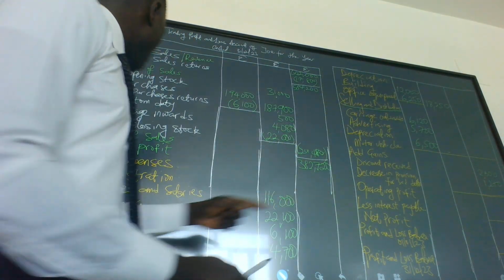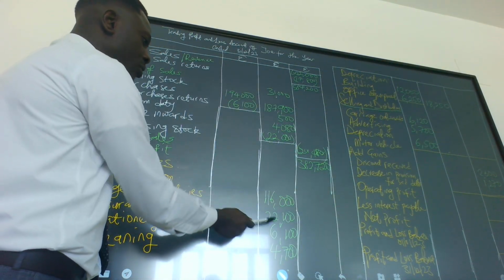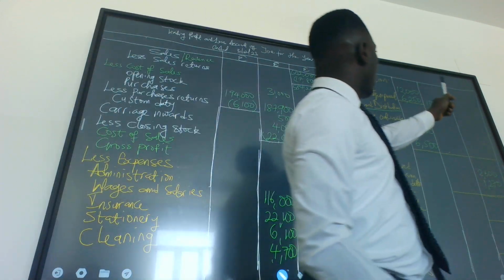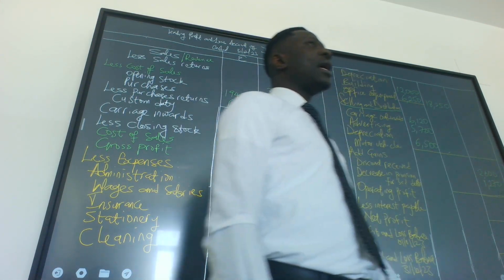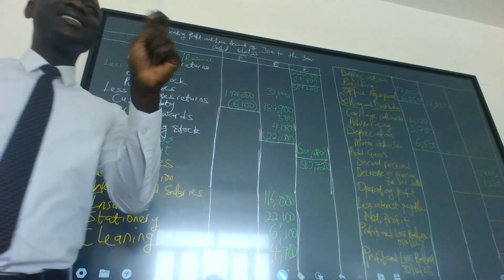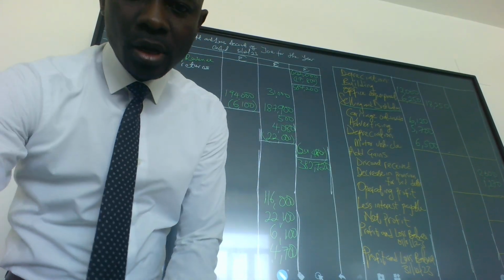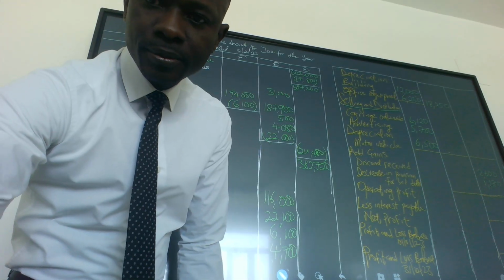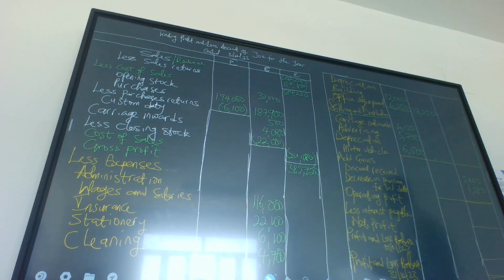Now you're adding all this from here. 1, 2, 3, 4, 5, 6, 7, 8. Add it up together. Alright, we'll move on. So what does it give you, please? 185,470.